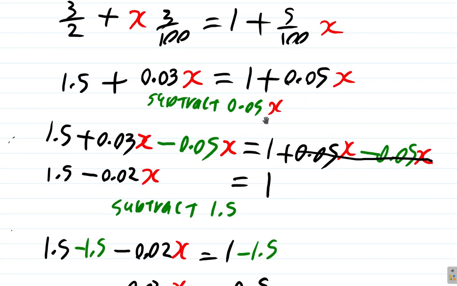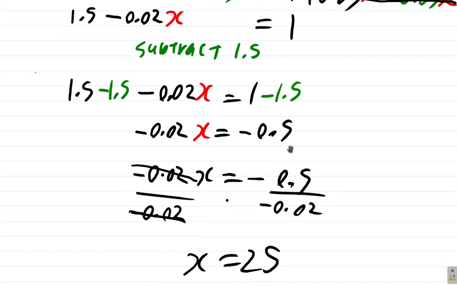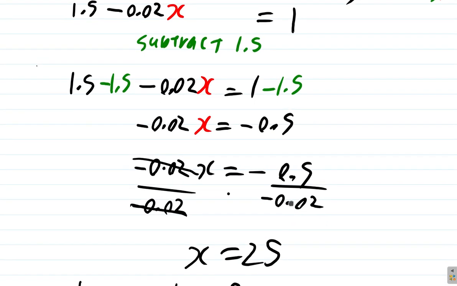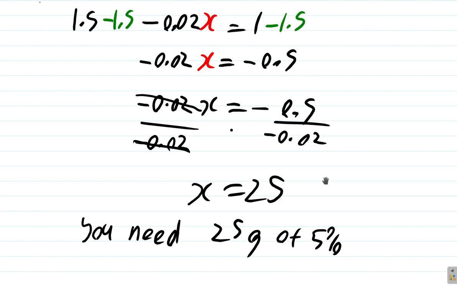Then we subtracted the 0.05x and we also subtracted the 1.5. Put them together, finally dividing our negative 0.5 by negative 0.02 and we get 25. So you need 25 grams of the 5%.